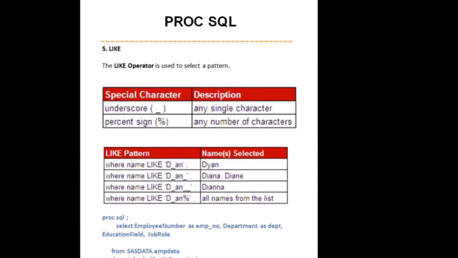So these are the different examples that you can search using the underscore and the percentage sign. If you see the last one with the percentage sign, all the names from the list will be selected if they have D, and the third and fourth characters as AN in the string.